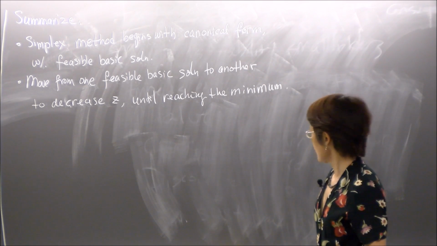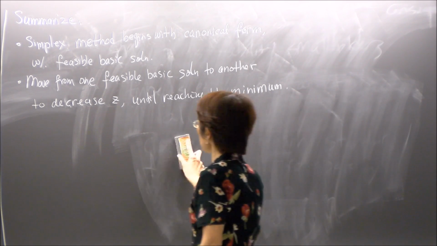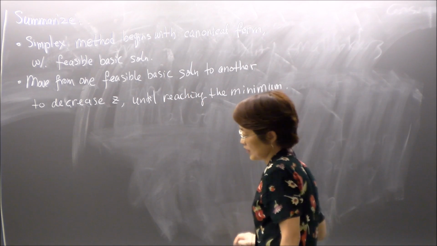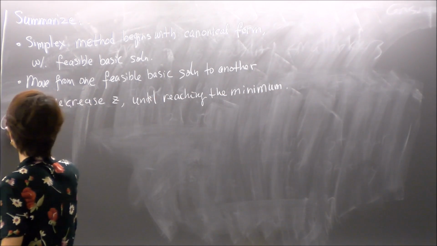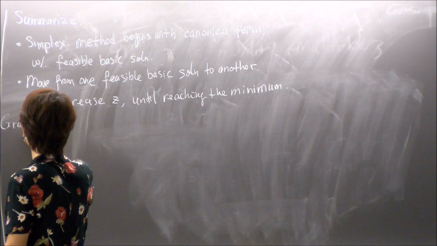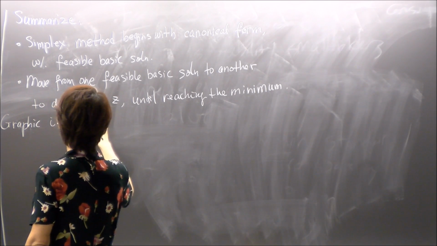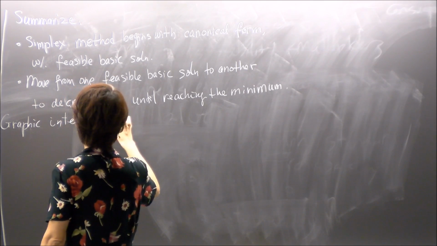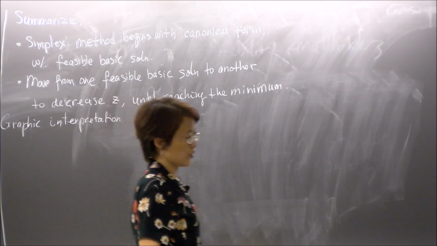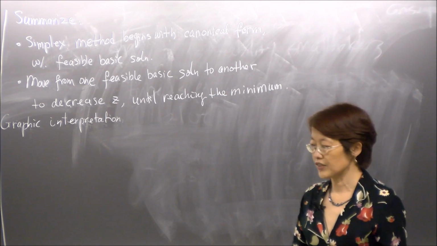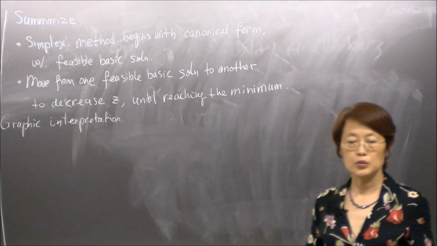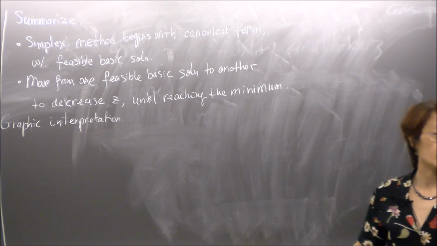Before we move on, I would like to give you a graphic interpretation of this algorithm, this procedure, what it is actually doing. If I want to draw it in a graph, I have to restrict myself to a two-dimensional space, otherwise I can't draw it on the blackboard.